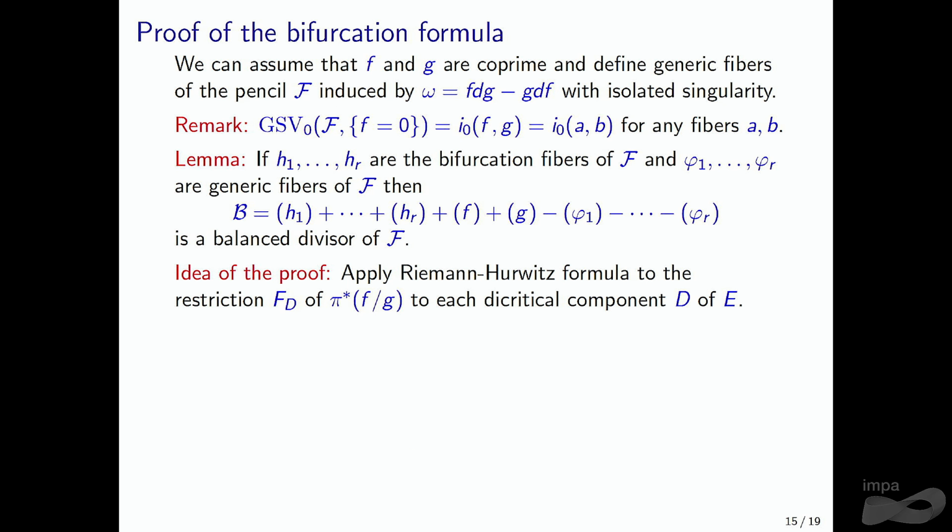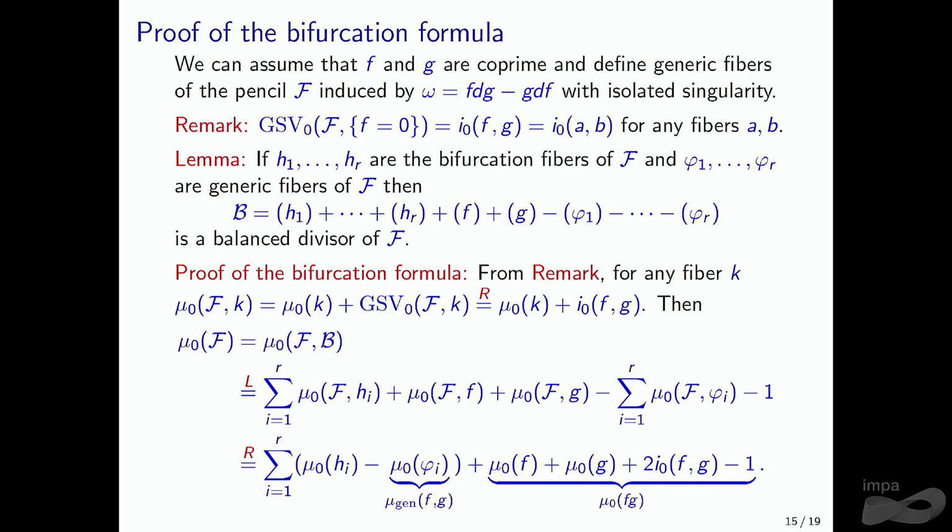But there is a key lemma that says that for a pencil we have in some way a canonical bifurcation balance divisor like that using the bifurcation fibers. And the idea of the proof of this lemma is to apply the Riemann-Hurwitz formula to the restriction of the blow-up of the meromorphic function. Well, this is one way to prove it.